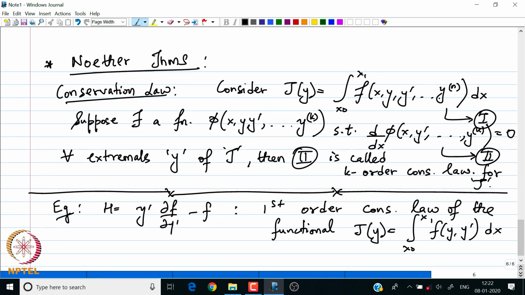Now 2 is the case when we have only one independent variable. Suppose we have multiple independent variables.